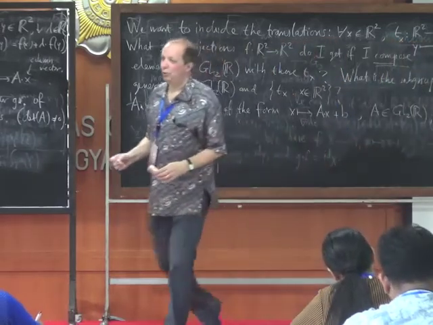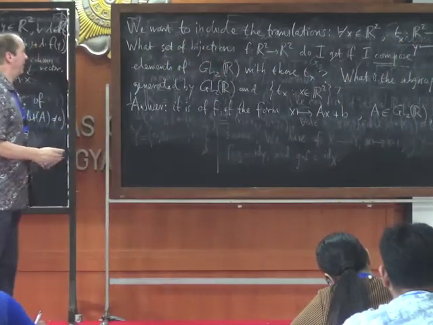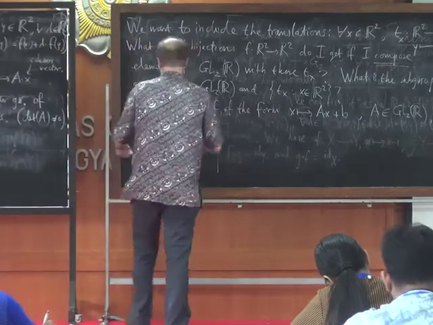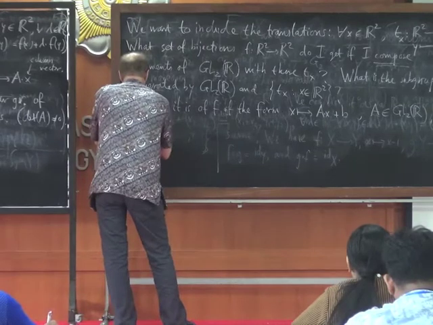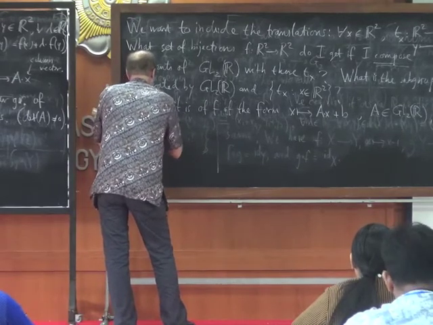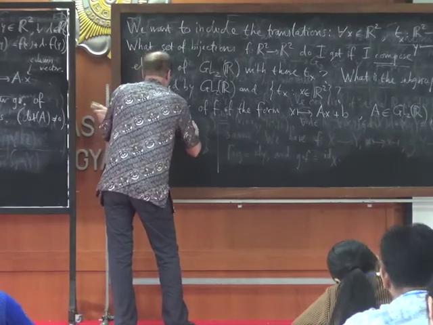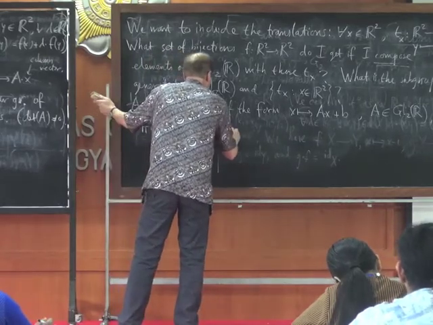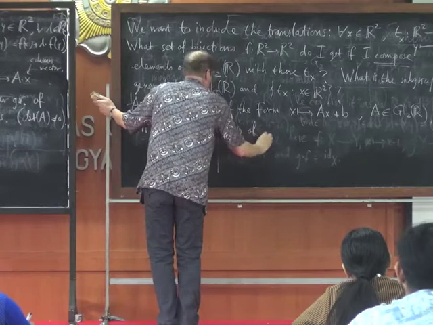So you get these maps. These are called affine maps, affine transformations of R2.